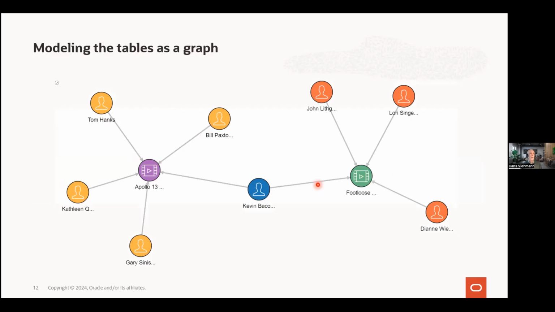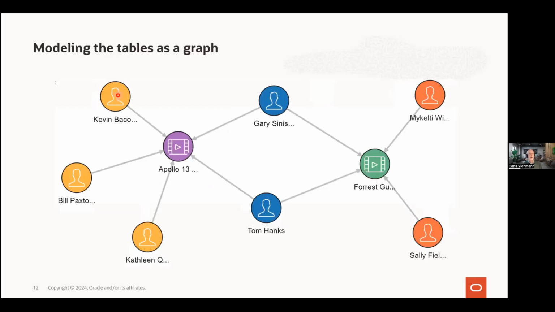Then you can look at the relationships between the actors through these connections, and already by visually inspecting the picture here, you can see how Kevin Bacon is connected as an actor through certain movies to other actors, right? Here we have Kevin Bacon up here, here's a movie, Apollo 13 in this case, where also Tom Hanks was on the cast, and Tom Hanks was on the cast of Forrest Gump.